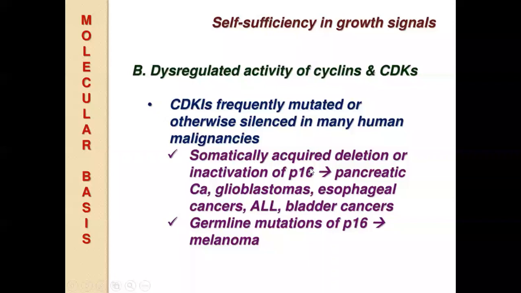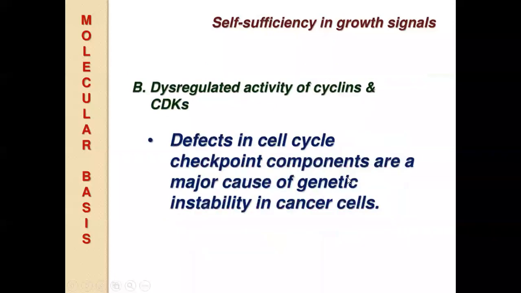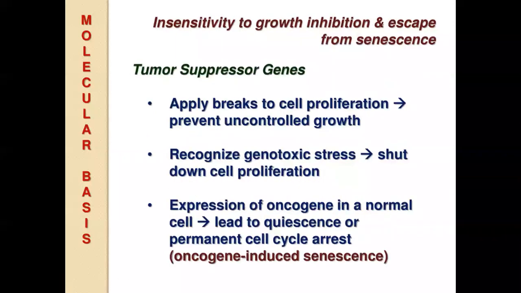Somatically acquired deletion or inactivation of P16 occurs in pancreatic carcinoma, glioblastomas, esophageal cancer, ALL, bladder cancers, and germline mutation of P16 is found in melanoma. Defects in cell cycle checkpoint components are a major cause of genetic instability in cancer cells. If there is a mutation in checkpoints, it is the major cause of genetic instability.